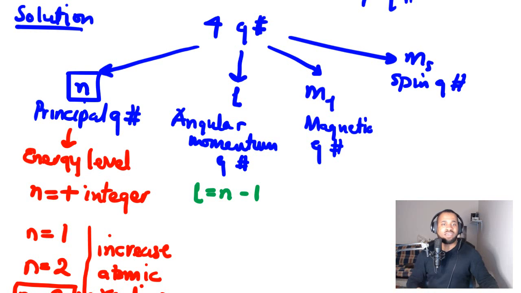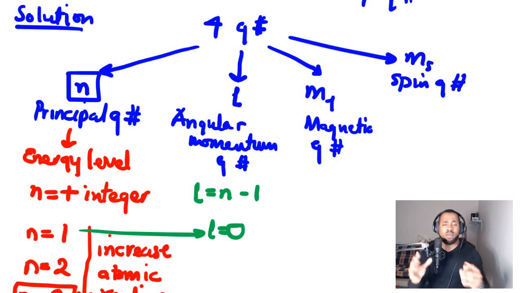So where n is equal to 1, what is L? L in this case is equal to 0, which means that the shape of that orbital is s, which is spherical.